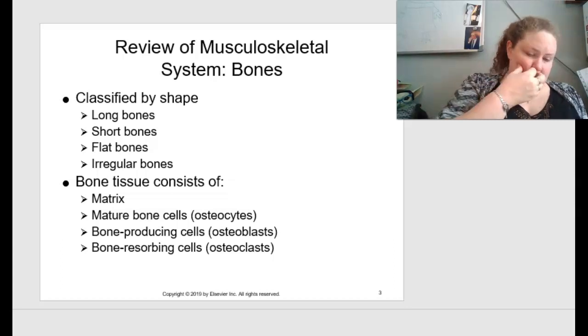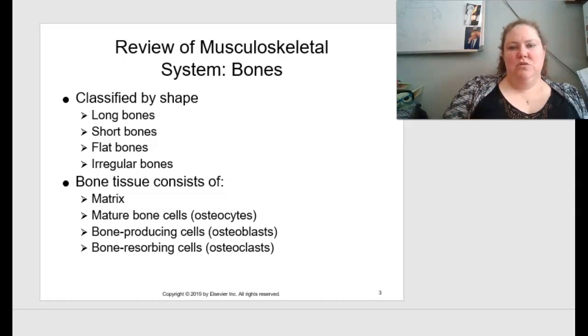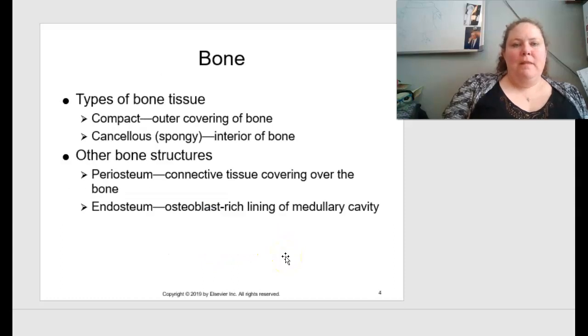A bone itself is going to have bone tissue that consists of the matrix, the mature bone cells, which are called osteocytes, bone producing cells, which are osteoblasts, and bone reabsorbing cells, which are osteoclasts. So what is bone? We have different types of bone tissue.